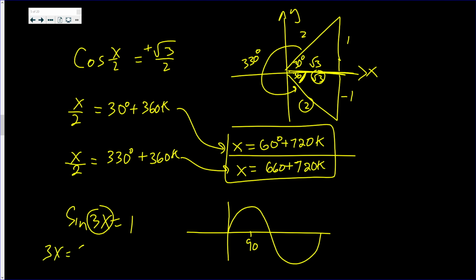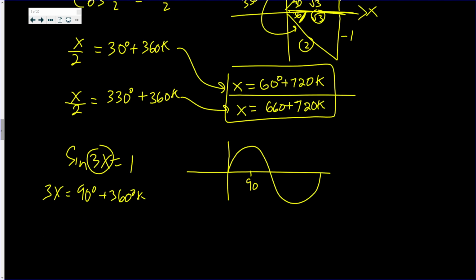The angle must be 90 degrees plus multiples of 360k. Dividing by 3, we can find out what x is. 30 degrees plus 120k. Let's see if this makes sense.